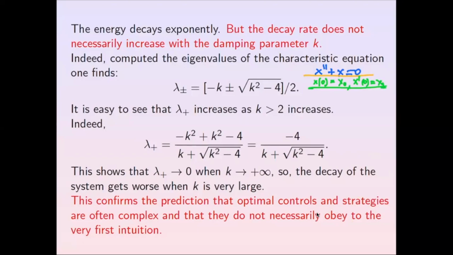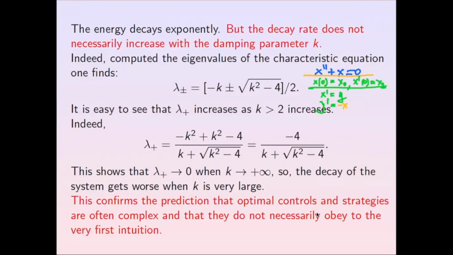So the system will be x prime equal y. So I introduce an auxiliary variable y, and then I say that y prime, because y prime is the derivative of x prime, this is going to be x double prime, this is equal to minus x.